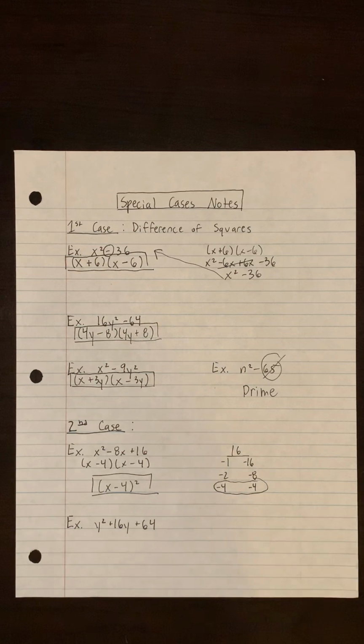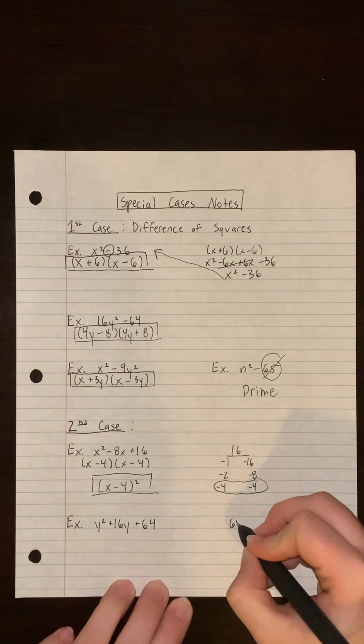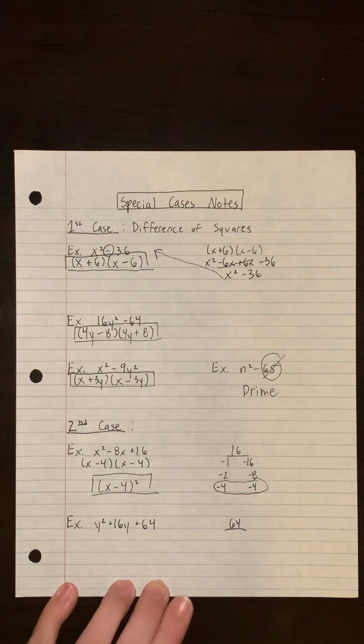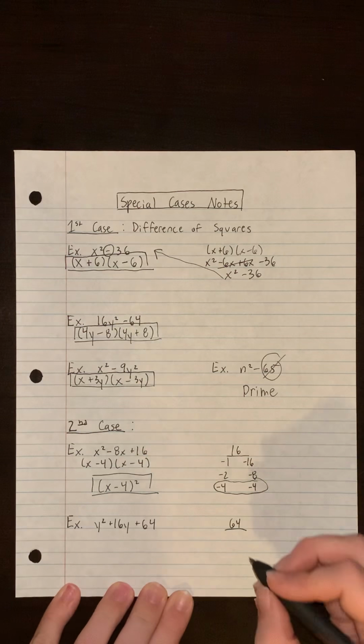So here's another example. If you want to pause this and try it on your own, go for it. I'm going to go ahead and go through it. So what we have is y squared plus 16y plus 64. Again, a is 1. So we just need to find two factors of 64 that give us 16 when we add them together.